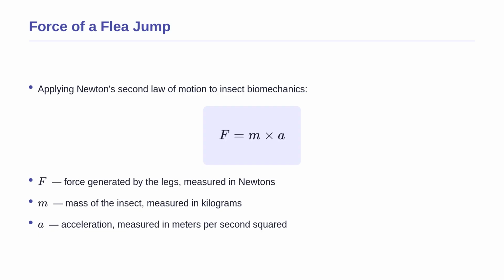Here, F represents the total force generated by the legs, measured in standard newtons. The variable m is the mass of the insect, which must be in kilograms. Finally, a is the acceleration the insect achieves during the jump, measured in meters per second squared. If the insect's mass or its acceleration increases, the required force must also increase.